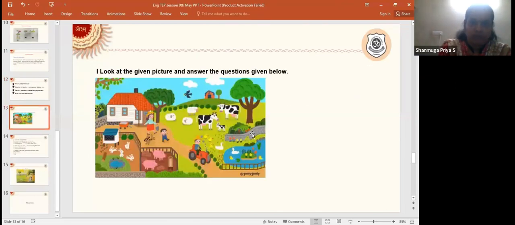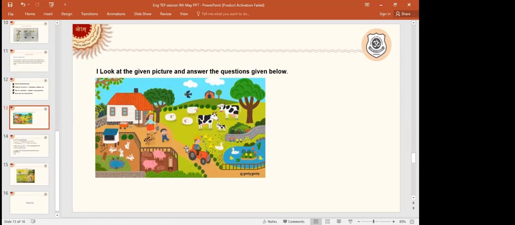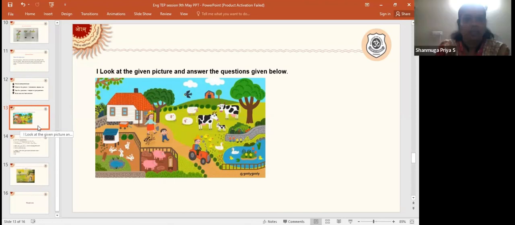Now, I have a picture over here. I would like all of you to observe this picture for a few seconds, maybe a minute. So what is the picture about, teachers? It's a farm. Yes, farmhouse. And many animals are there.